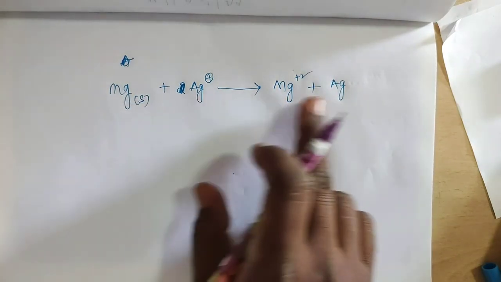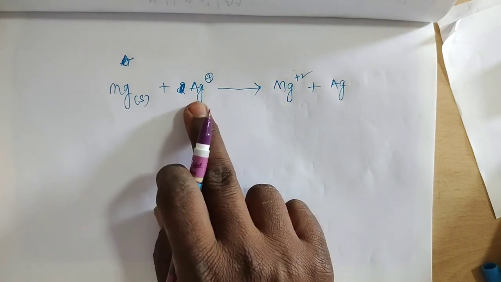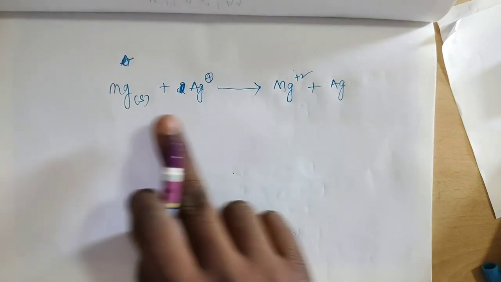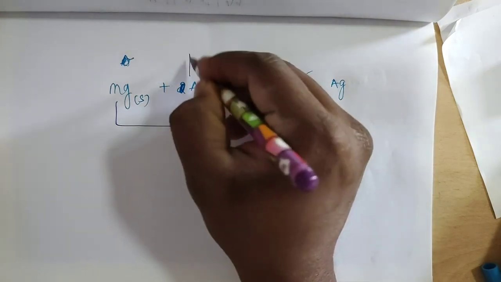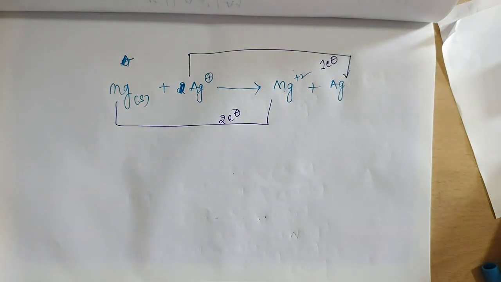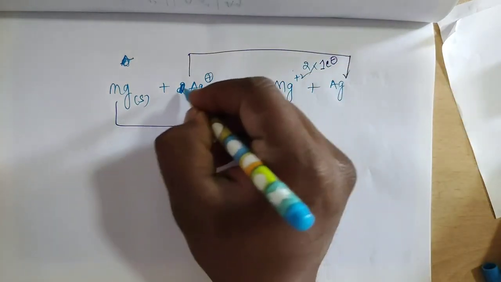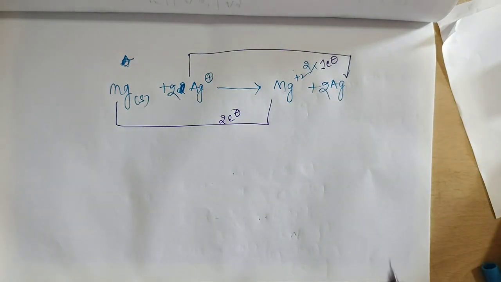Before that, you balance the ions. Mg is going to form Mg plus 2, but Ag plus is converted to Ag. How many liberated? 2 electrons. How many abstracted? 1 electron. So you multiply by 2, that is 2 Ag plus and 2 Ag in this. Okay, 2 electrons, it is balanced.